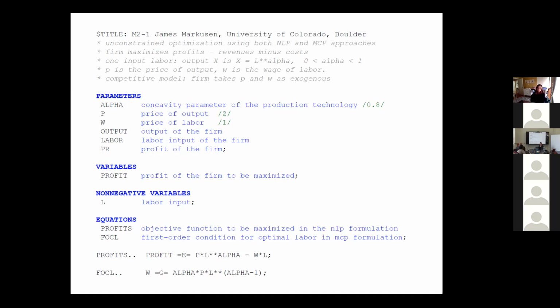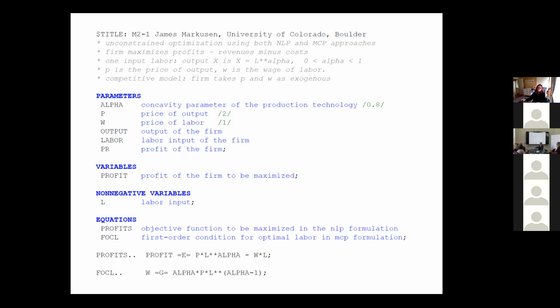And then the alternative way of solving for this solution is to take the first order condition, the derivative of the objective function, on pencil and paper, analytically. That becomes a weak inequality: the wage is greater than or equal to the marginal product of labor in producing.